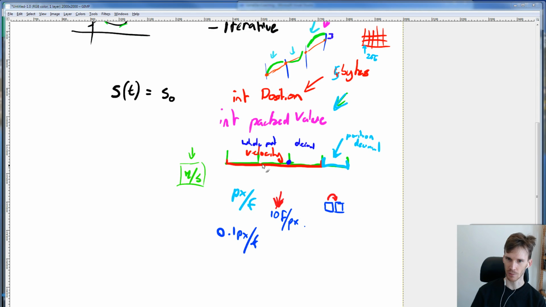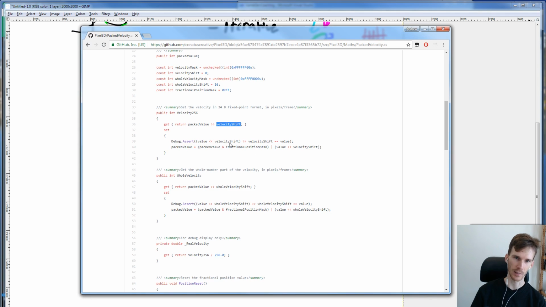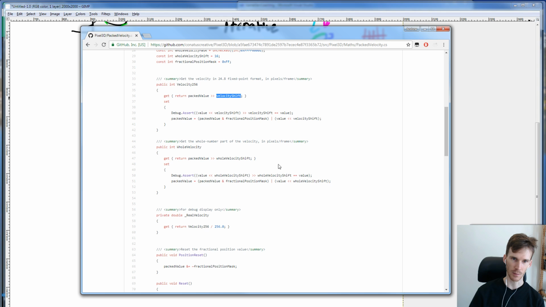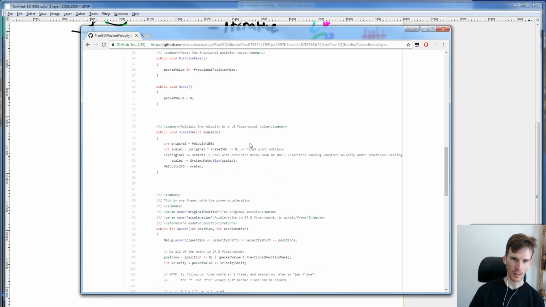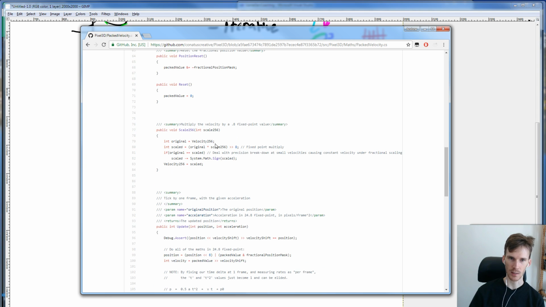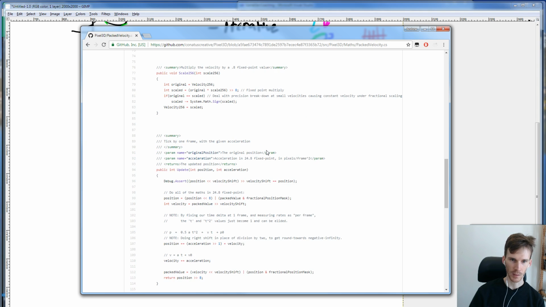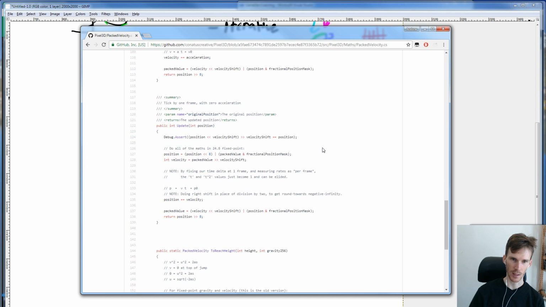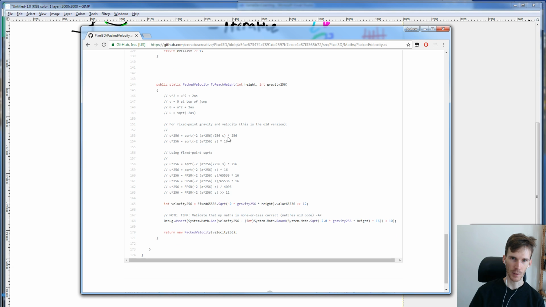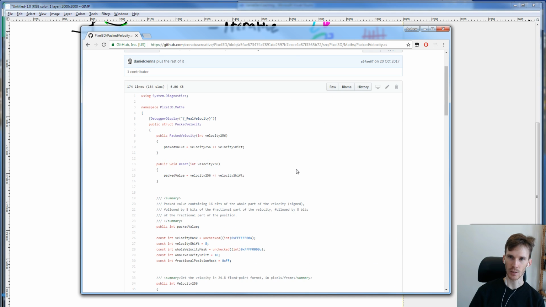That shifts this off the end, so we just get back this red bit when we get it out, and then when we set it, we shift the value we're inserting up and make sure we include the existing position, and then that's the whole part of the velocity, and we can scale the velocity, so that's just a fixed point multiply. And this update thing is what we'll talk about, because that's where the calculus thing happens. And then we also have a bit of maths there that's also related to what we're doing.